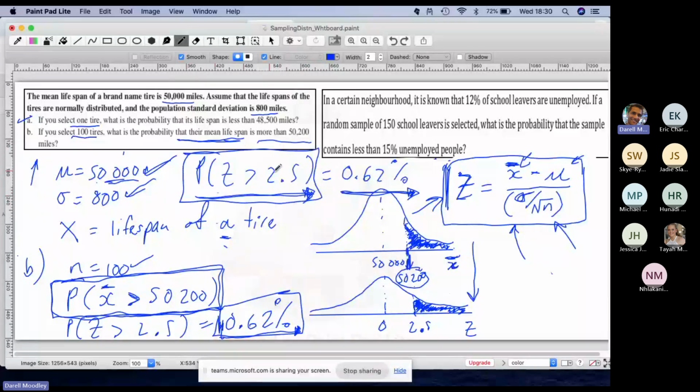So show more of your workings. If you somehow got the final answer wrong but showed this and got it right, you will get a mark for that. So show all your workings. Pretty much everything I've done on this whiteboard, show it. That's going to increase your chance of getting more marks.